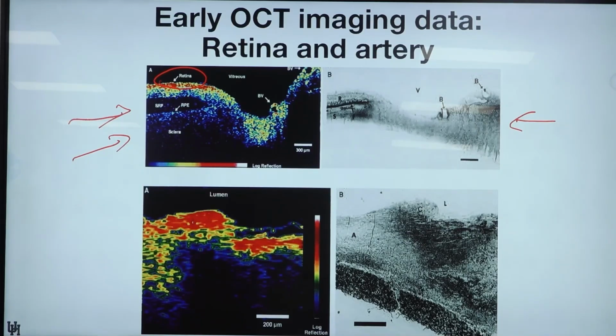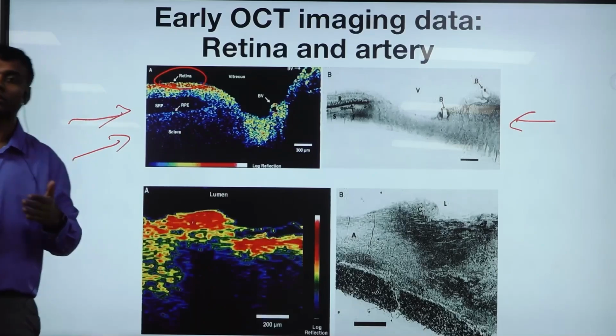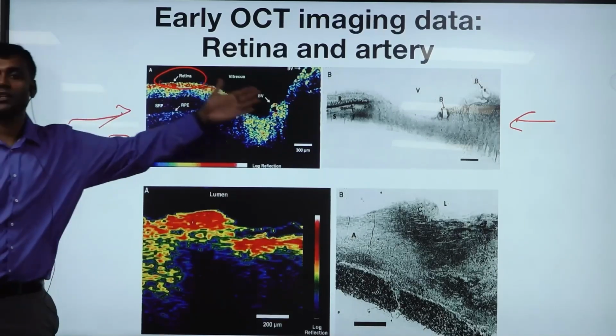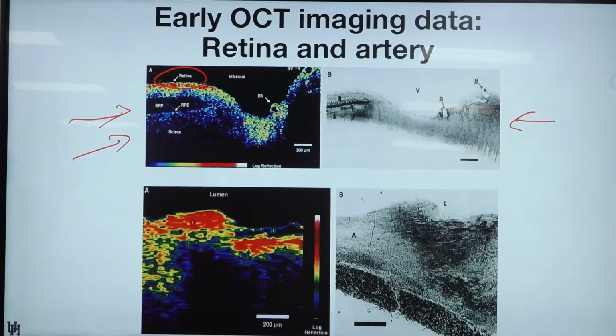Okay, thank you. So in the early stages, people did this a lot, meaning they did OCT before cutting the tissue, then cut the tissue and looked to see if the data matched the cut tissue very well.